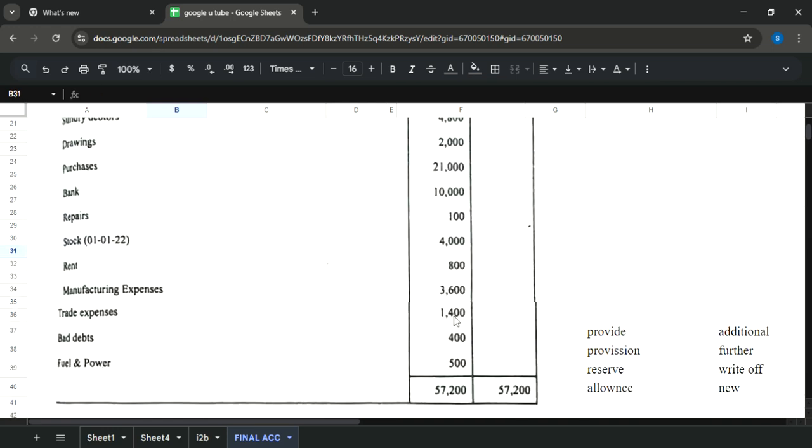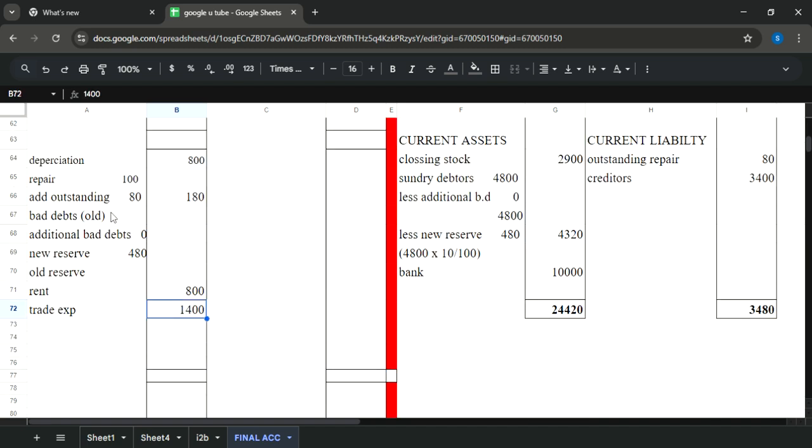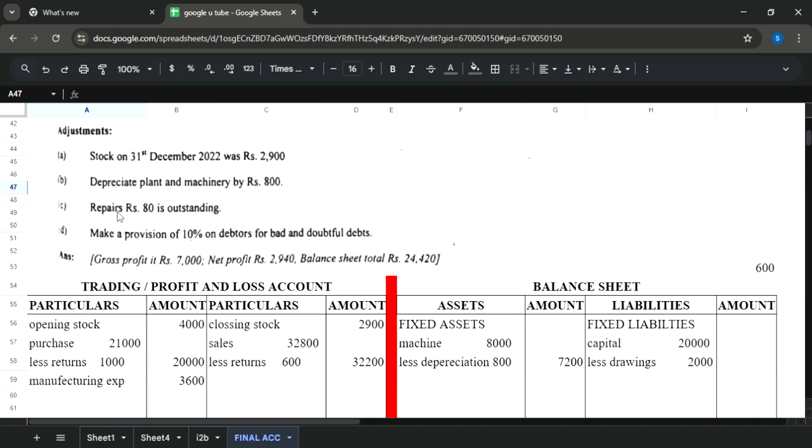After trade expense, we have bad debts. Since these bad debts are present in the trial balance, they are old bad debts, B. So you will come, we have already spared some space over here. Amount was, I think, 800, I forgot.